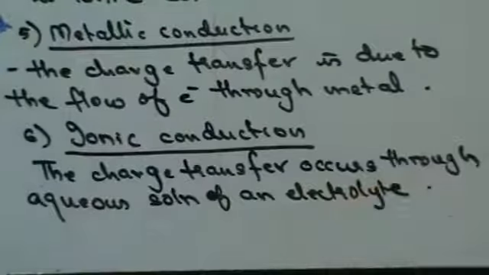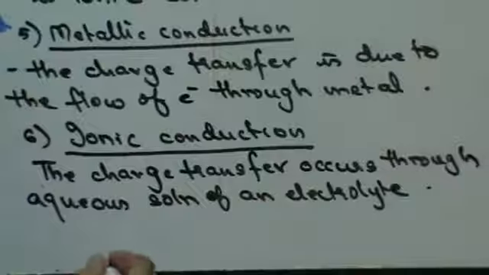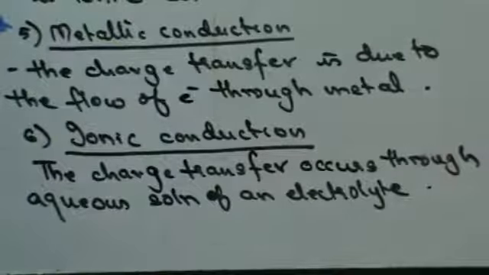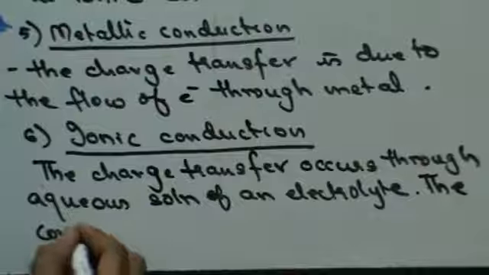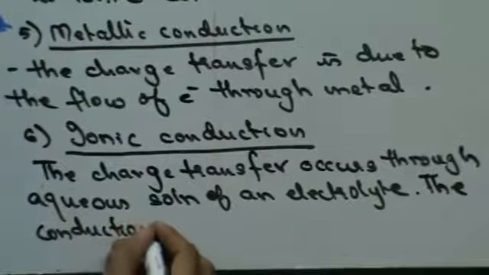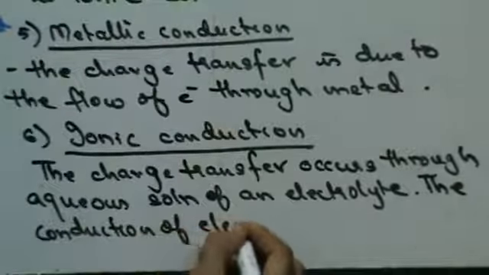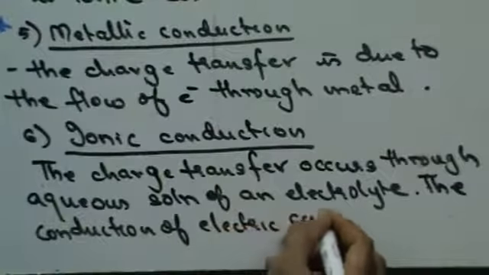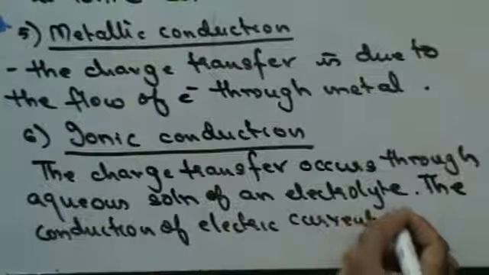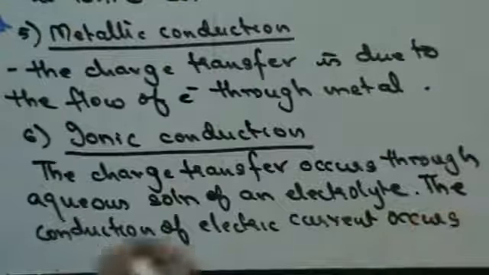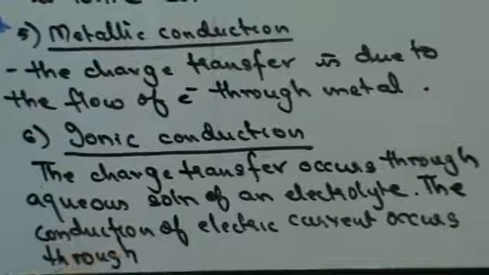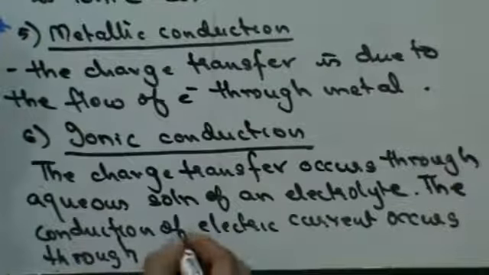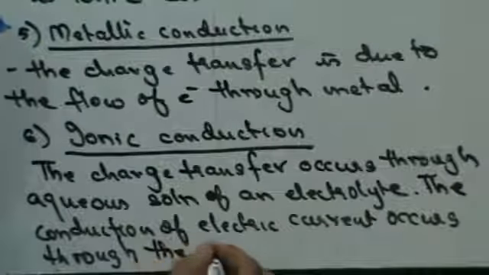It occurs through an aqueous solution of an electrolyte. The conduction of electric current occurs through the motion of cations and anions.